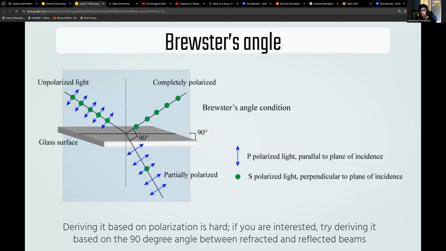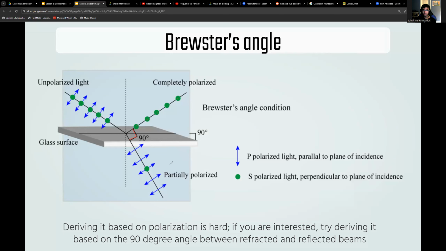It depends on the index of refraction relationship. But most interestingly, the angle between our refracted and reflected beams is going to be 90 degrees. So when the angle between these beams is 90 degrees, the reflected beam is completely s-polarized. That's the really key observation here.